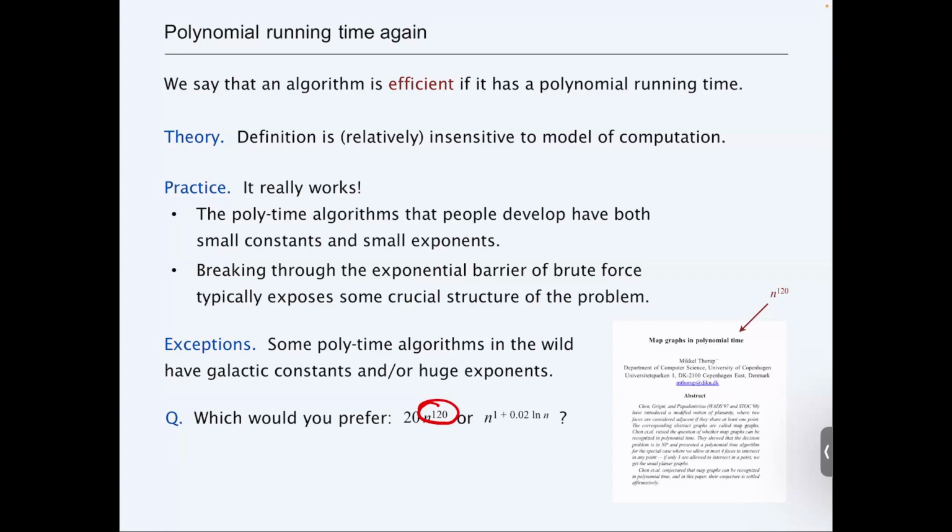Whereas something like n raised to the 1 plus 0.02 natural log of n is technically not polynomial, but it might run a lot faster for every reasonable input size. So the constants matter, the exponents matter, and the lower order terms matter. But still, moving down from exponential time to polynomial time is usually considered a massive breakthrough in understanding how a problem works. So polynomial time is going to be our definition of efficient.